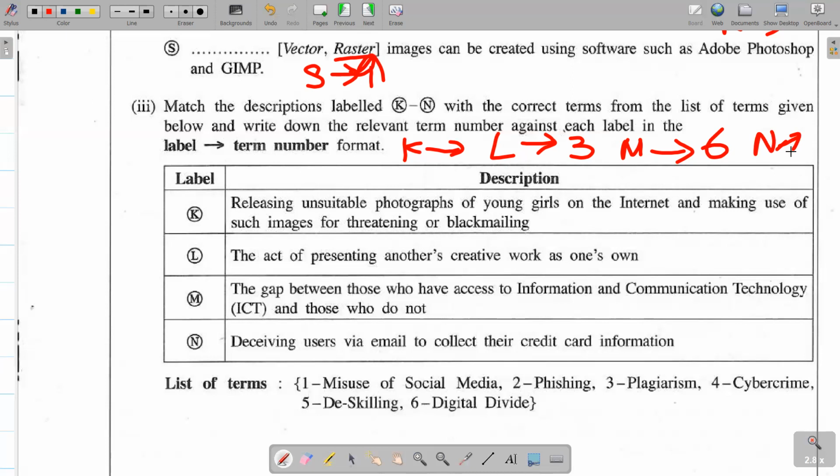Okay, and the last one says deceiving users via email to collect their credit card information, which we call phishing. So 2.